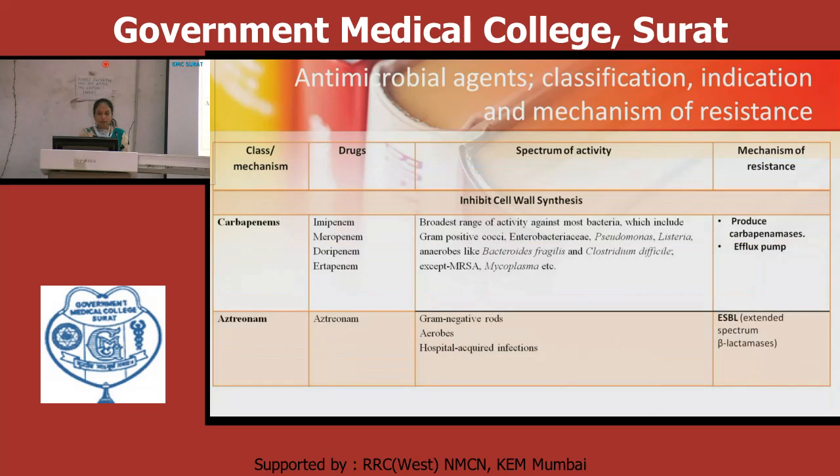Carbapenems, drugs are imipenem, meropenem, doripenem and ertapenem. Spectrum of activity is inhibit cell wall synthesis, that is the broadest range of activity against most bacteria which include gram-positive cocci, Enterobacteriaceae, Pseudomonas, Listeria, anaerobes like Bacteroides fragilis, Clostridium difficile, except MRSA and Mycoplasma, etc. Mechanism of resistance is that they produce carbapenemase and efflux pump.